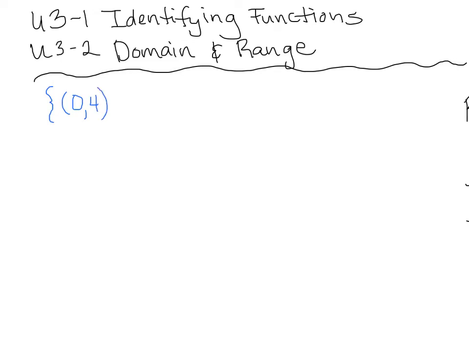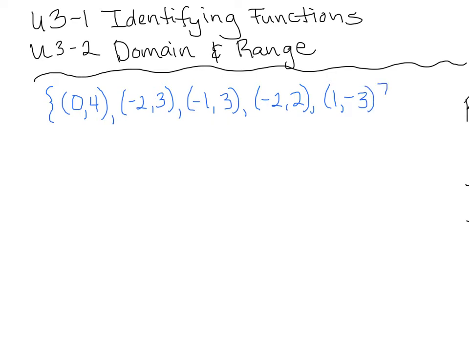Usually it's like an x value and then a y value. Okay, so (0, 4), (-2, 3), (-1, 3), (-2, 2), and (1, -3). Okay, and then we'll end the set with another set bracket.